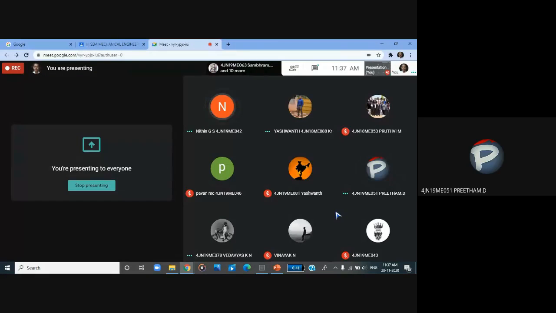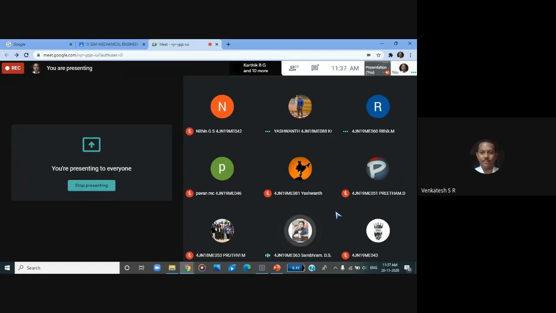Prajwal Chaudhary, Pratik T, Pratham D, present, sir. Raghavendra E, Rahul MP, Rahul N, present, sir.